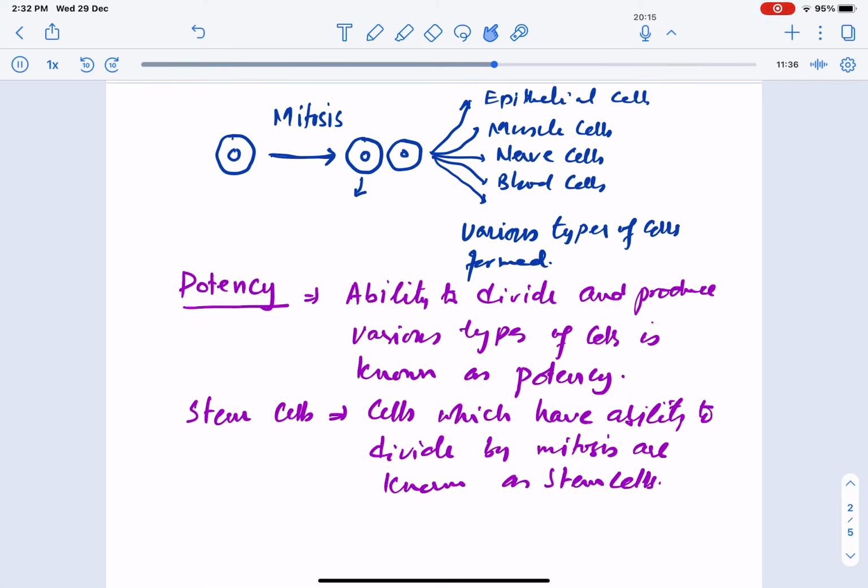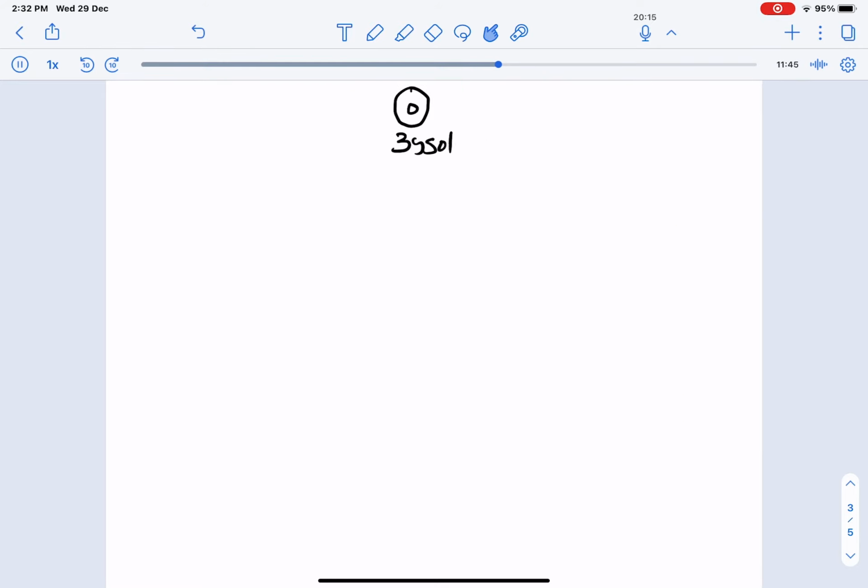Zygote has the ability to divide and produce an embryo.